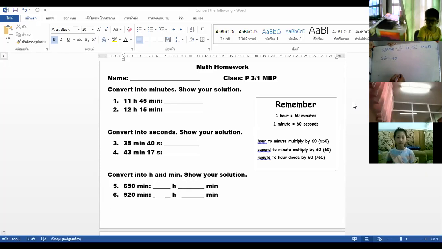So divide by 60. 650 divided by 60 is 10.83, right? So cancel this one. Put 10 over here.